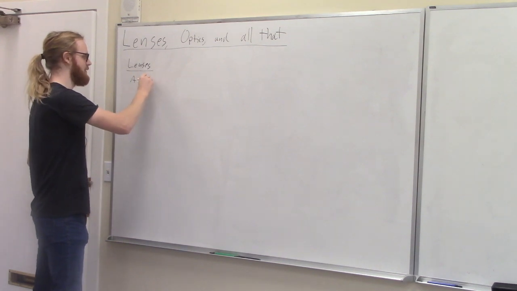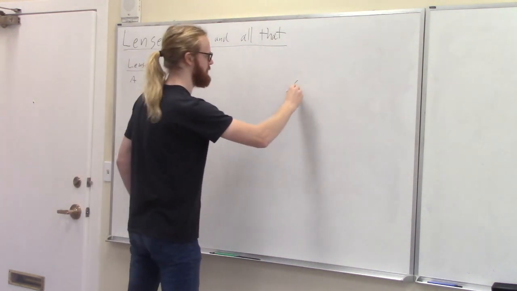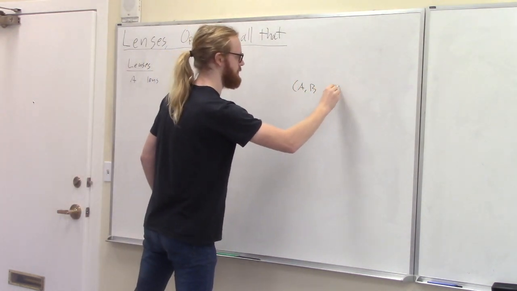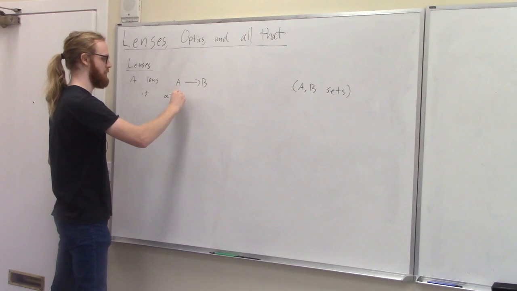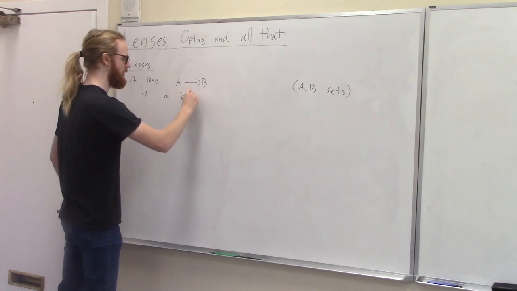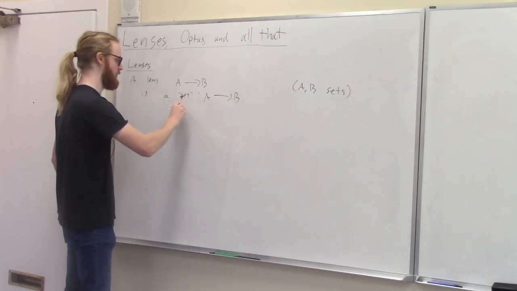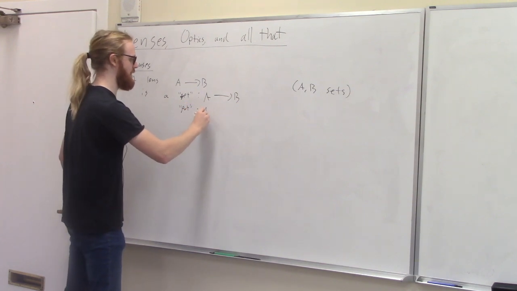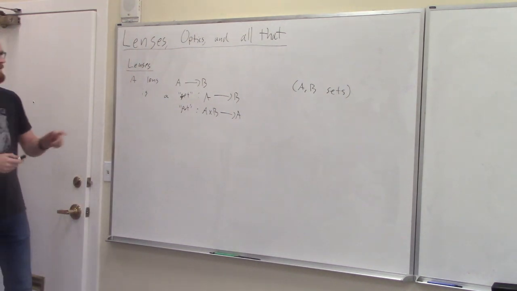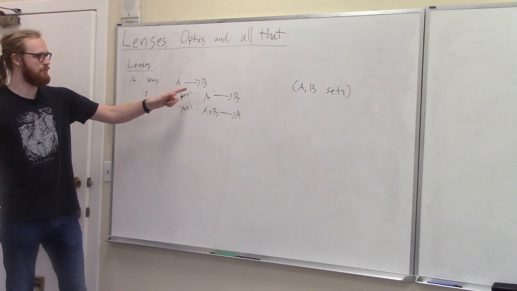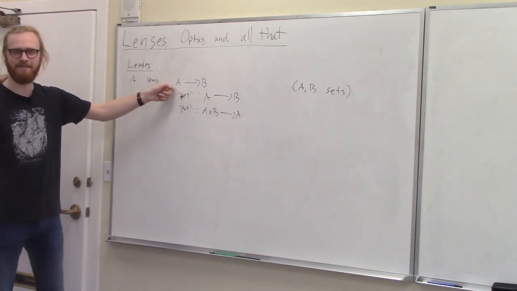So a lens A to B, and for now let's just say A, B are sets, is a get function from A to B, and a put function from A times B to A. The interpretation is that this tells you how to access a field containing elements of B inside elements of A.